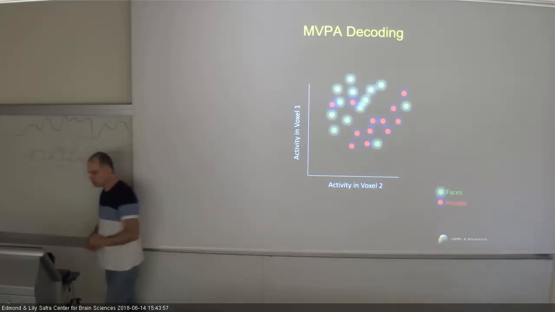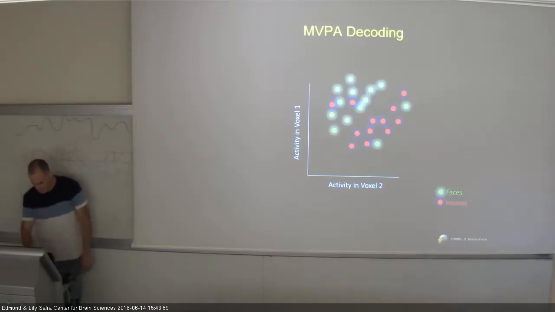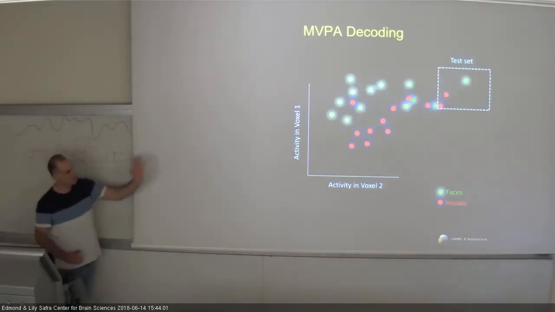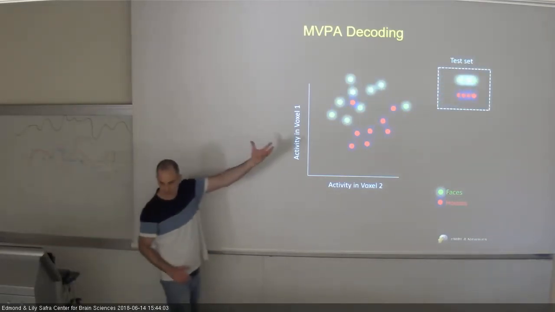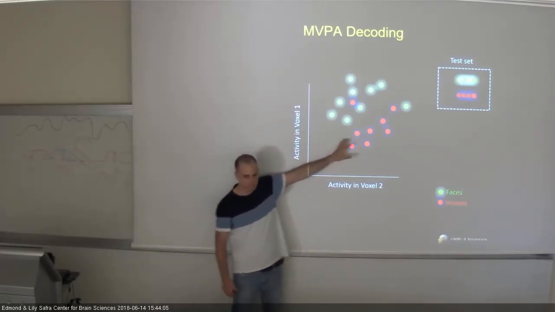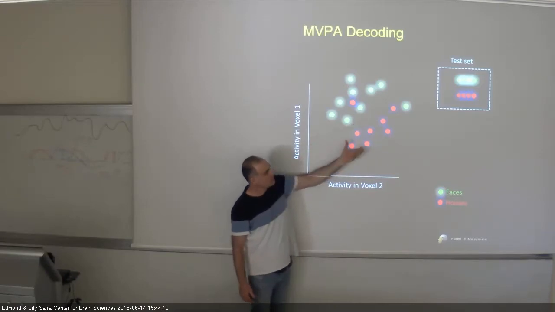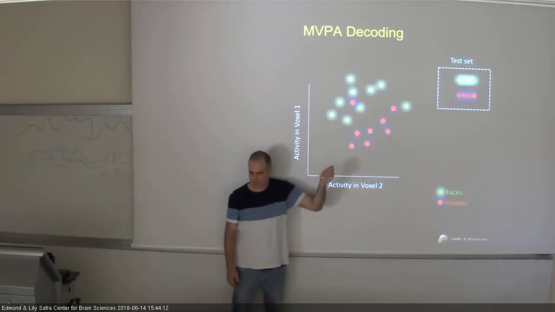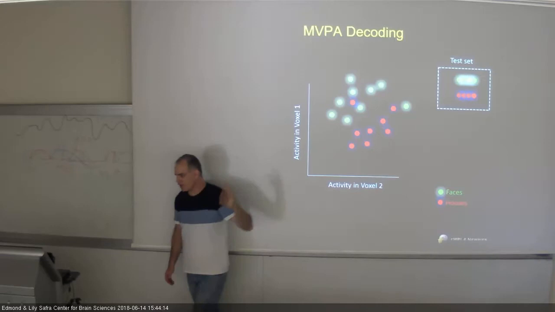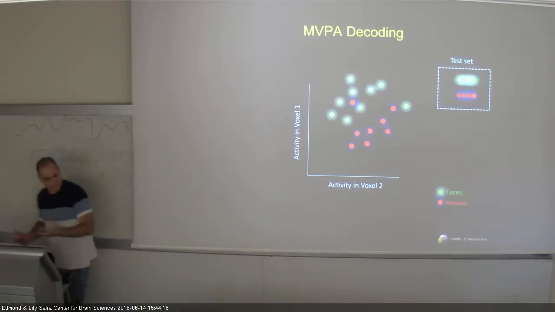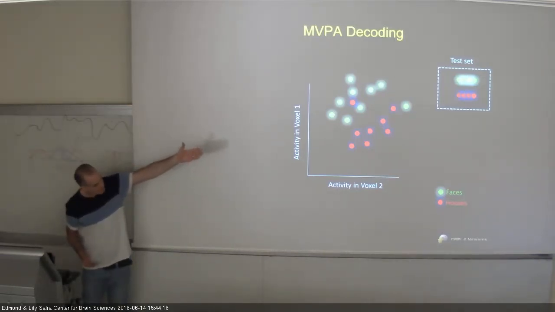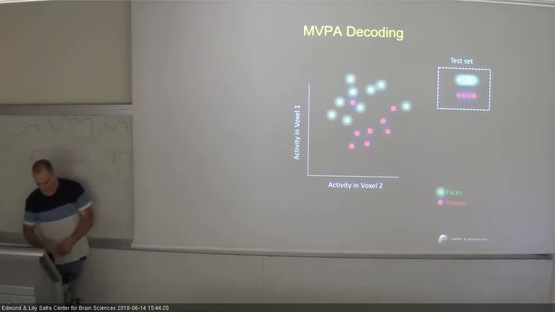You take most of the data and keep some part for later testing. You build a rule for the decoder according to, let's say, 80% of the data, and then put the other 20% here and see if the decoder correctly distinguishes between the red and the green, if it learned a rule.